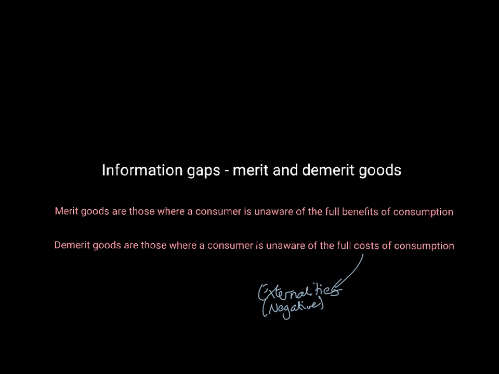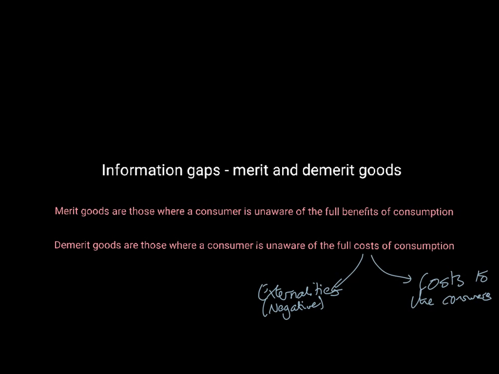If there are externalities, then the consumer may well not be aware of what they are. The other thing that they may not be aware of are the costs actually to the consumers themselves, i.e. to the person that actually consumes the good. And it may well be the case that actually a good is more harmful to them than they fully appreciate.